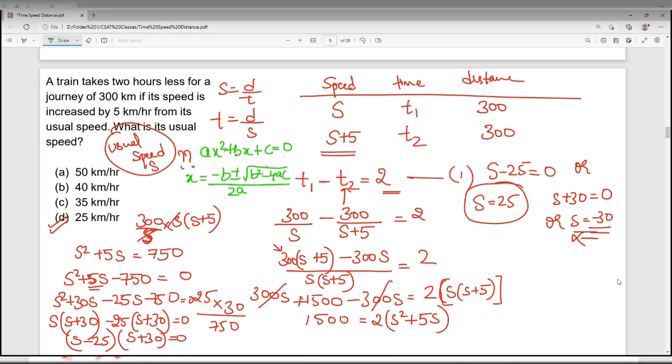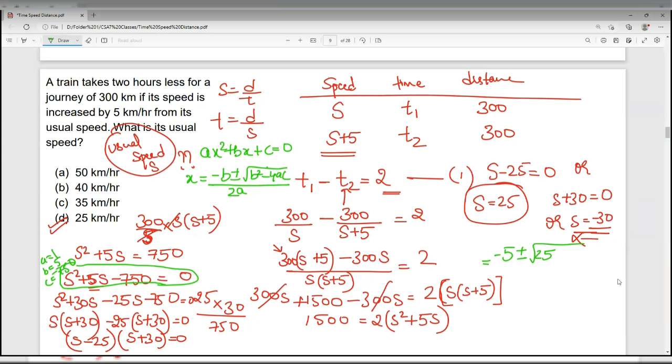In this equation, a is 1, b is 5, c is equal to minus 750. So minus b is minus 5 plus or minus root of b square, which is 25, minus 4 into a, which is 1, into c, which is minus 750, by 2a, which is 2.